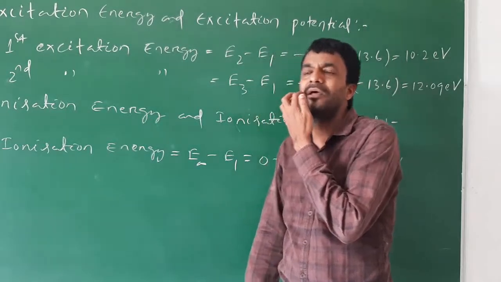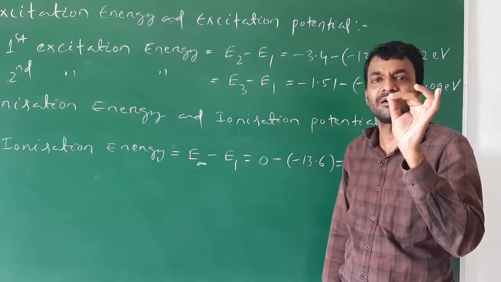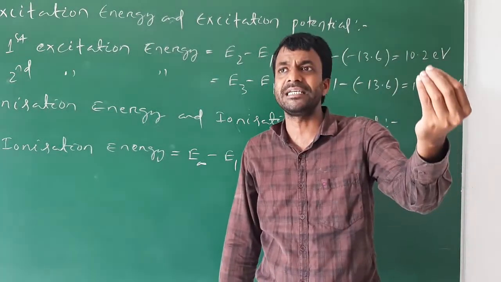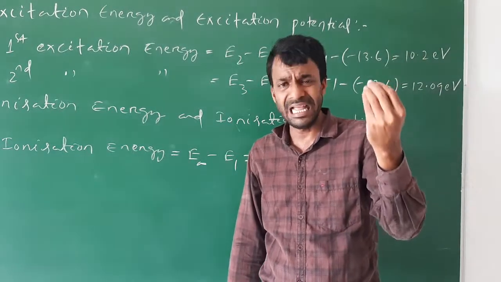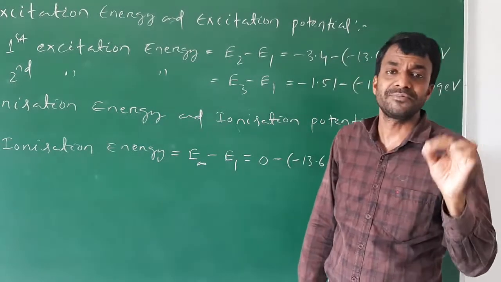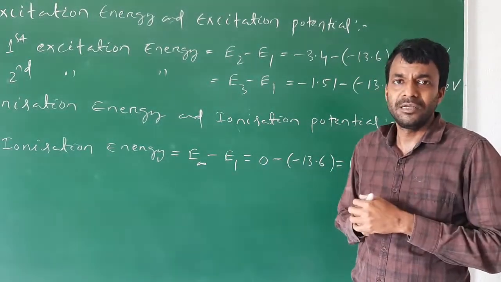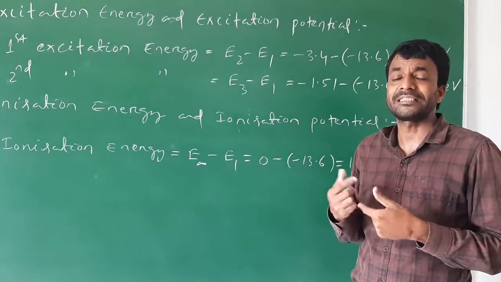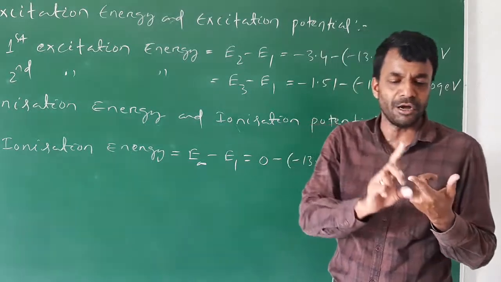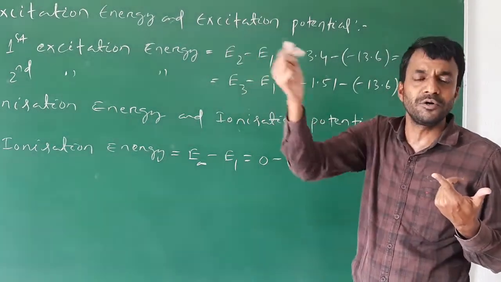For example, when the electron jumps from the ground state, means n is equal to 1, to the first excited state, first excited state means n is equal to 2, then the amount of energy absorbed by the electron is known as the first excitation energy. What is that value? The first excitation energy is equal to E2 minus E1, because it jumps from E1 to E2.